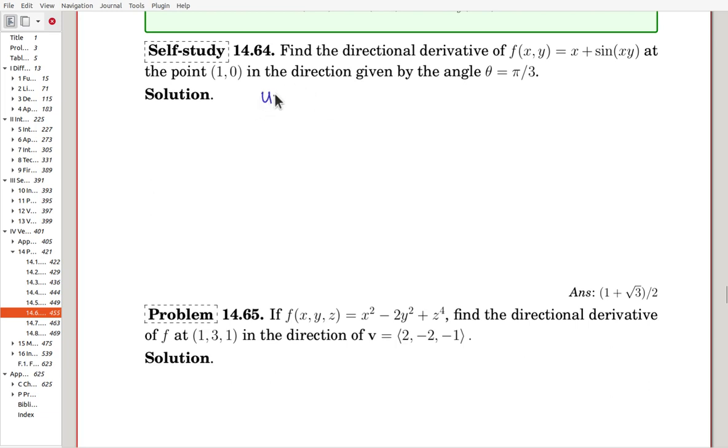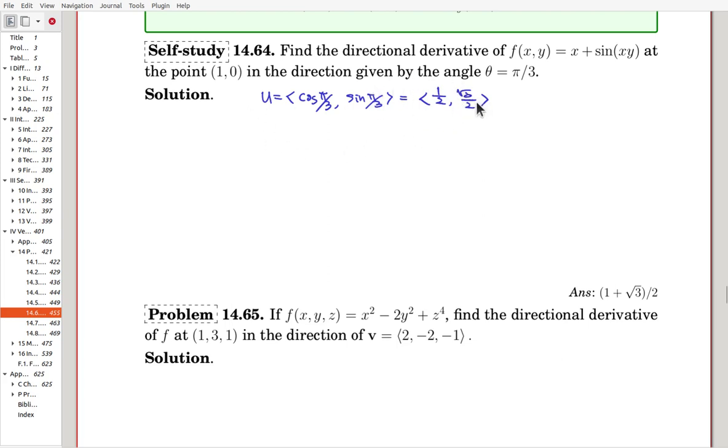Then u is now (cosine pi over 3, sine pi over 3). What is the cosine of pi over 3? That is 1/2, and sine pi over 3 is square root of 3 over 2. Right?